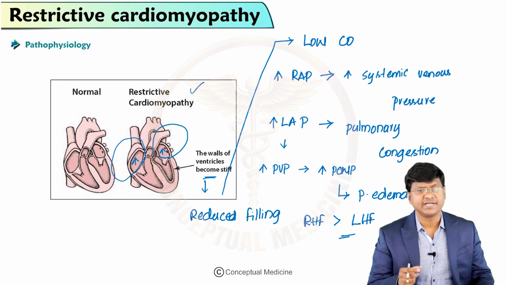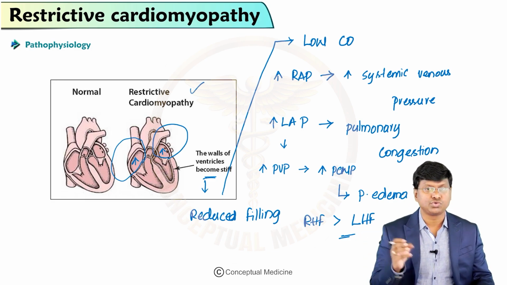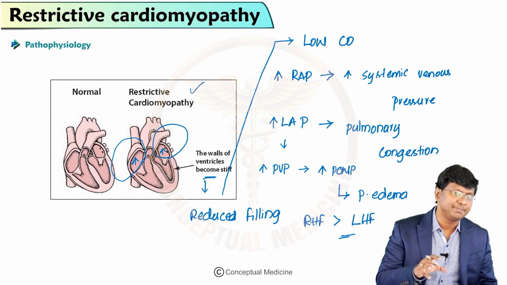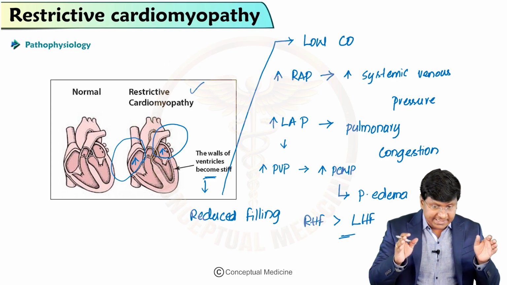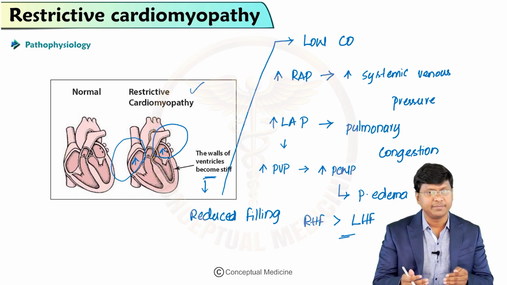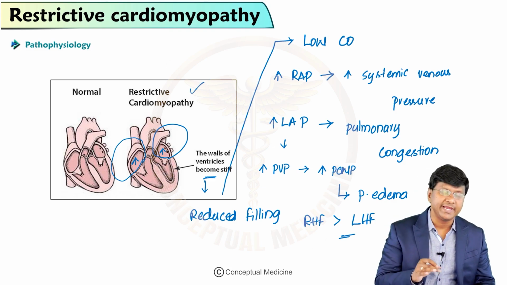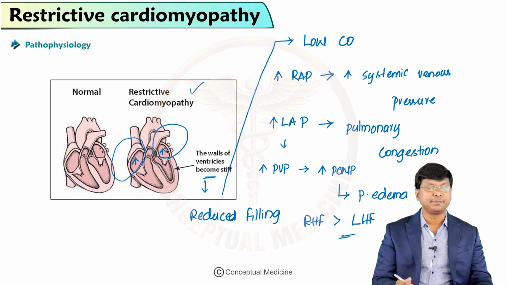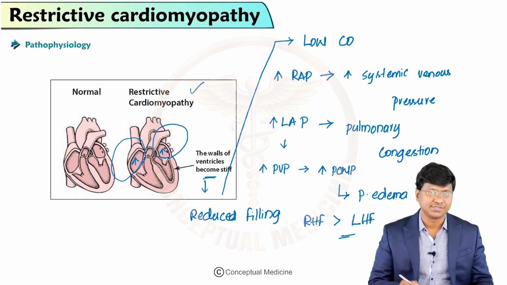These enlarged atria will be showering abnormal impulses. Once these abnormal impulses are showered from the distended atria, the individual will land up in atrial fibrillation, and because of the atrial fibrillation, the patient will present with a history of palpitations.